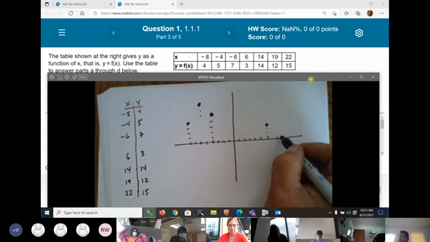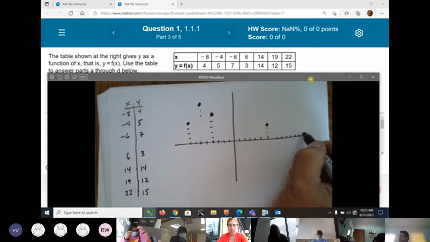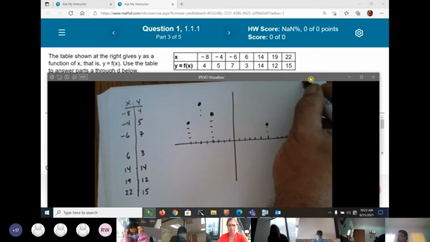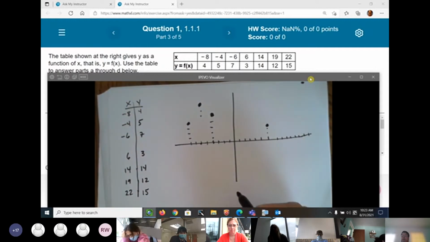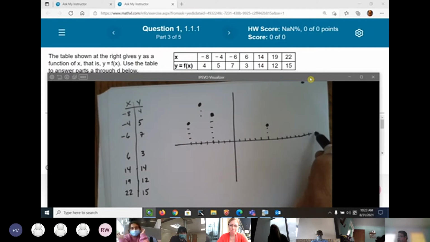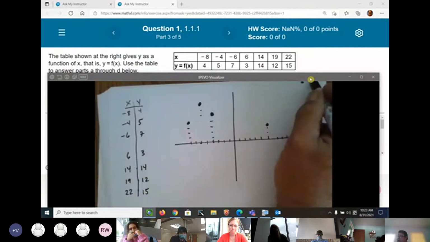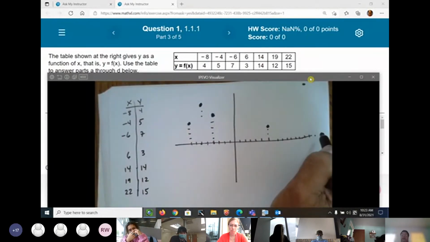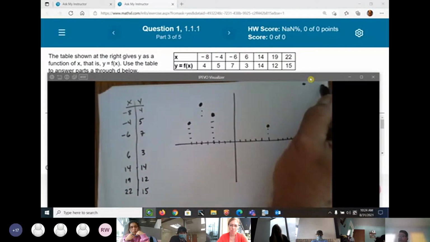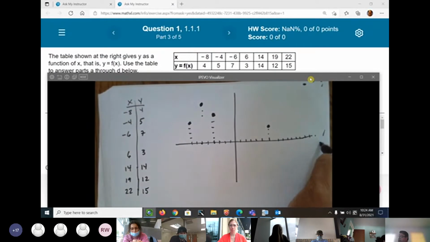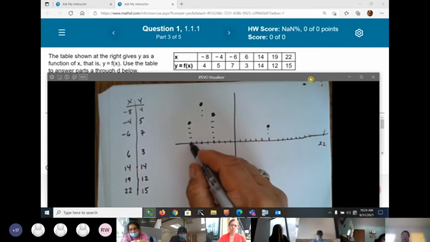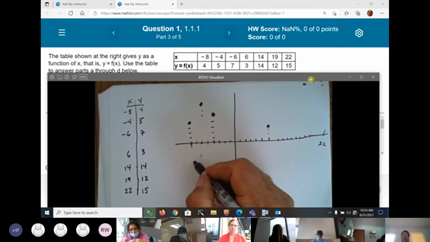Well, 6, 7, 8, 9, 10, 11, 12, 13, 14, and 14's way up here. And 19, I'm just going to exaggerate. 19 and 22 is way up here. And 22 and 15 is down here, way up here. So 22 and this number down here is -8.